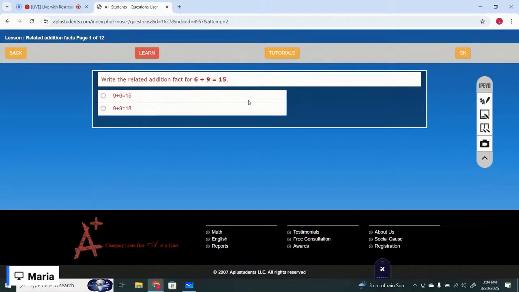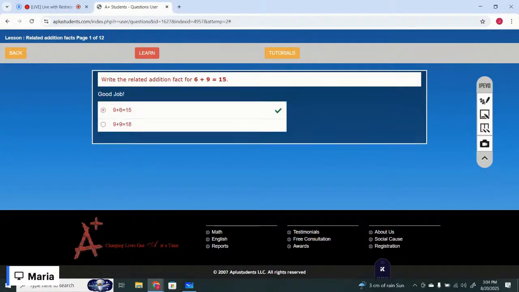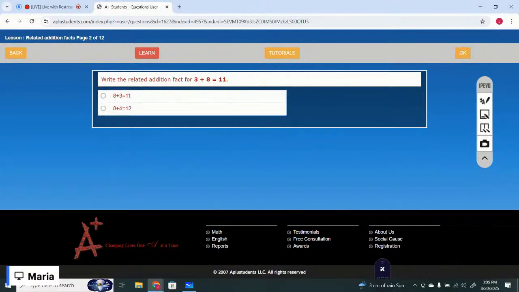The numbers are exactly the same, you just have to swap them. Write the related addition fact for 3 plus 8 equals 11. Option number 1 is the correct option, that is 8 plus 3 is 11.